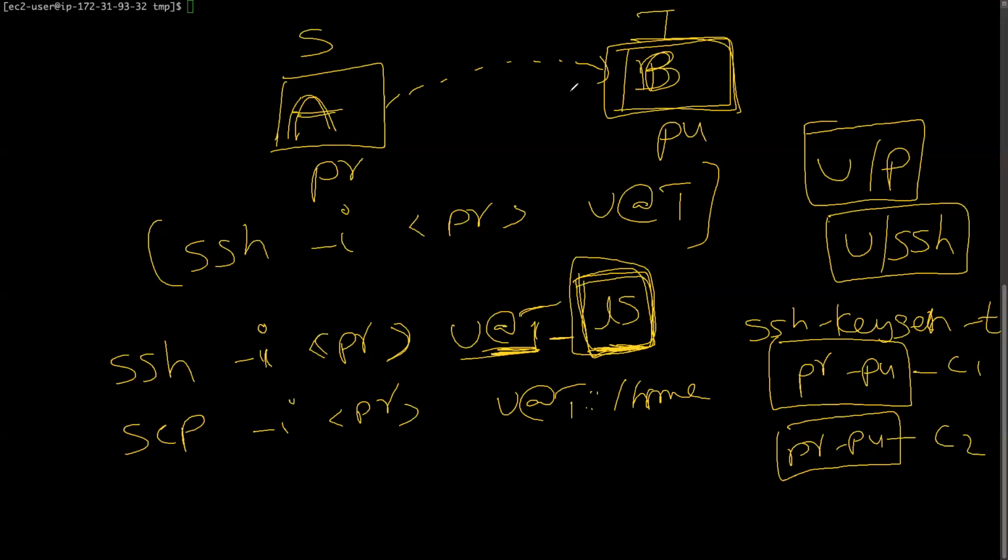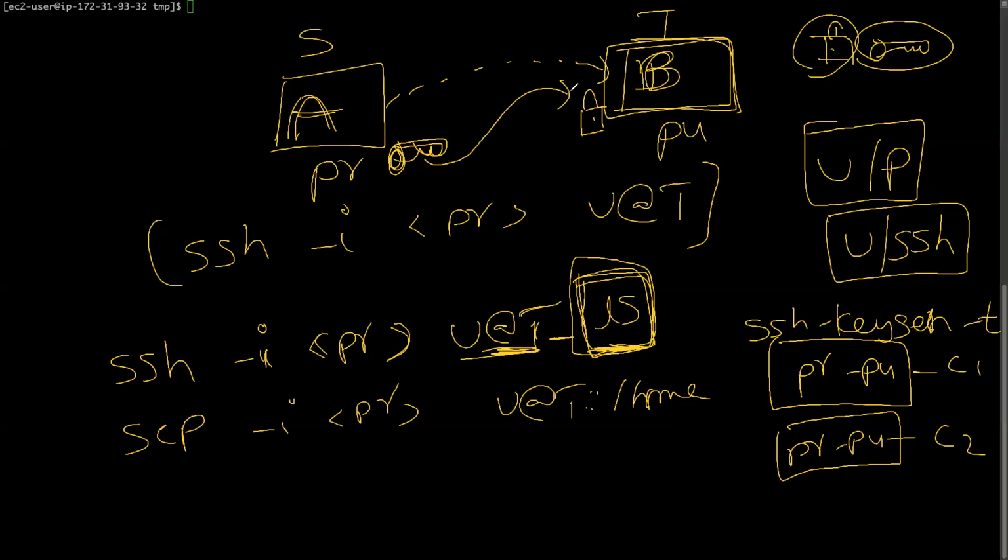The same thing. So we remember we discussed private public key is you lock a lock and then a key, right? So this is the private key and this is the public lock. So you need to give the lock to this guy and you give the key to this guy. So whenever SSH is used, he will carry this key and go to this guy and unlock it automatically.